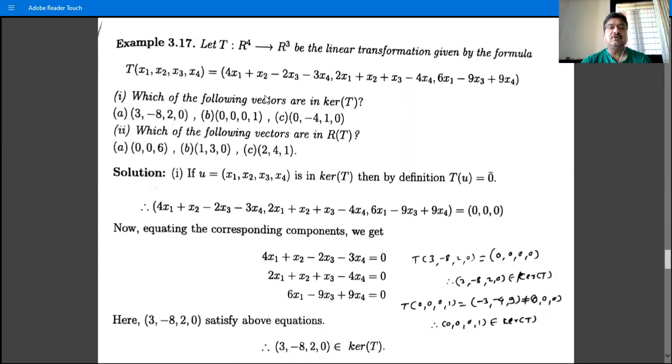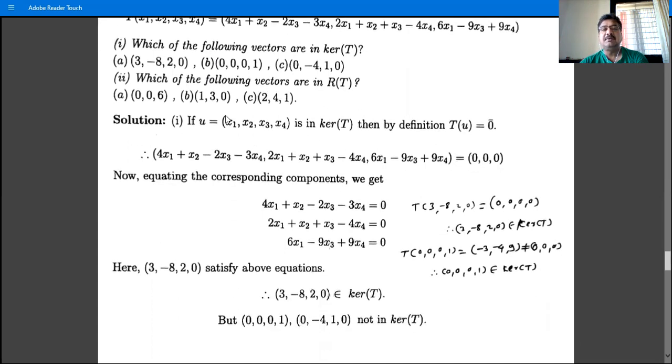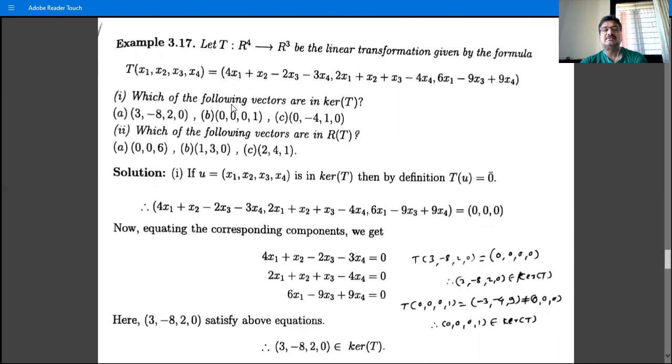So the question is, which of the following vectors are in the kernel of T, and which of the following vectors are in the range of T? When a vector (x1, x2, x3, x4) is in the kernel of T, if T of u is equal to 0 bar, that is, its image is 0 bar, then we say it is in the kernel of T. T of (x1, x2, x3, x4) is what is given in the problem, equal to 0.